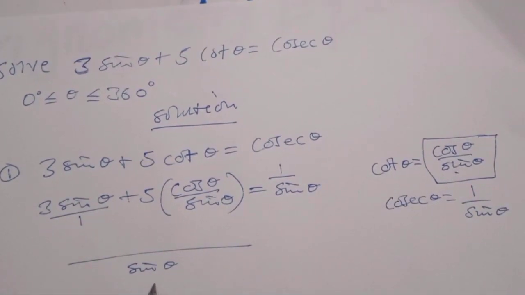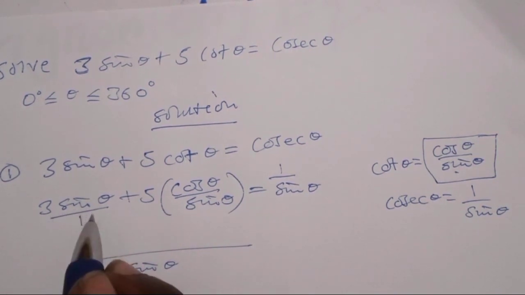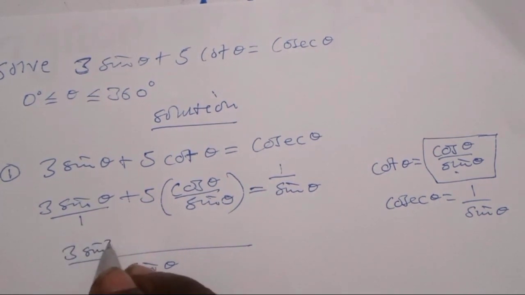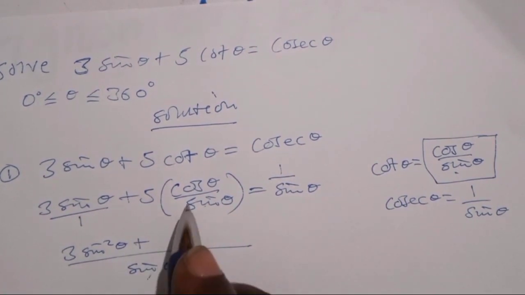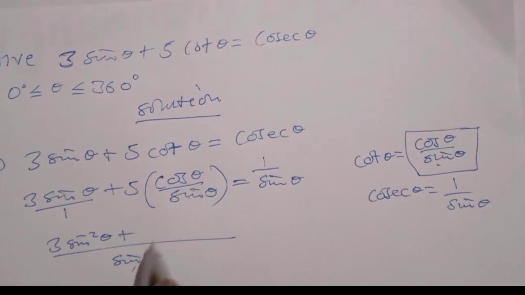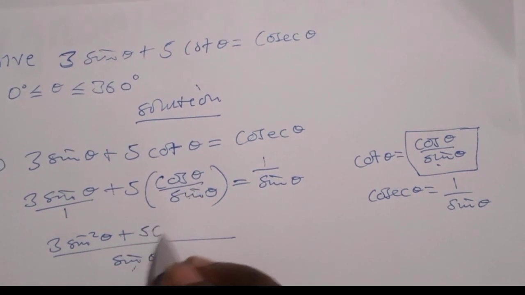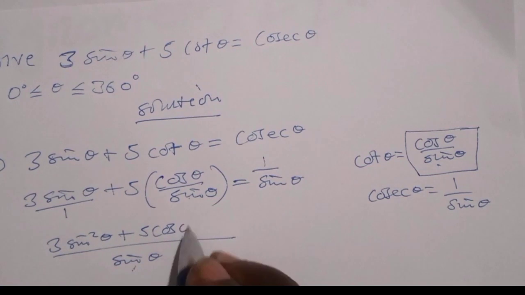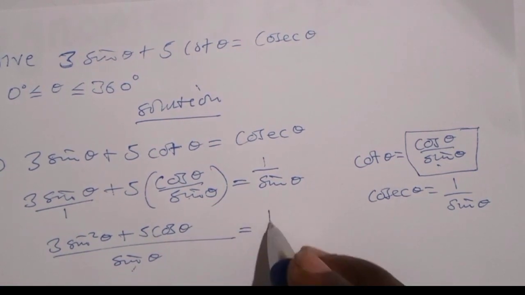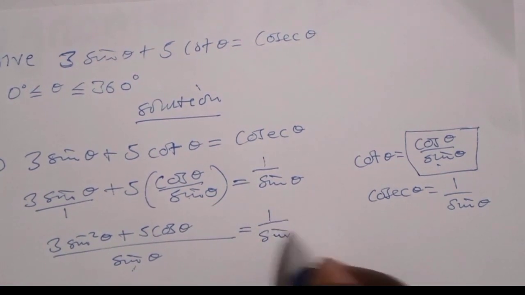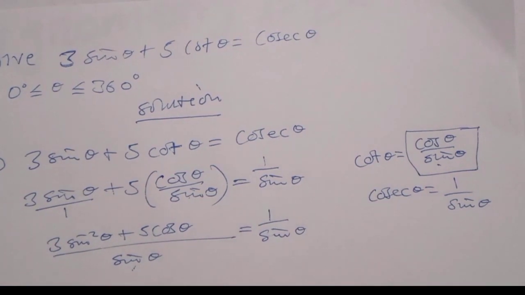1 into sine theta, we are going to have sine theta times the 3 sine theta, which is 3 sine squared theta, plus sine theta into 1 times the cos theta, we are going to have 5 cos theta, which is equal to 1 over sine theta.